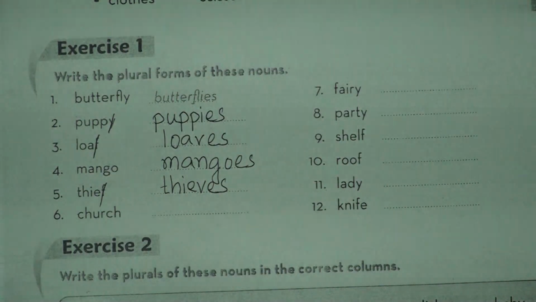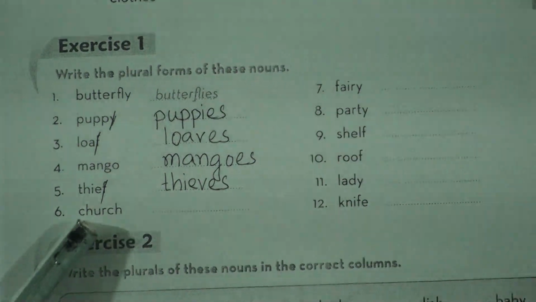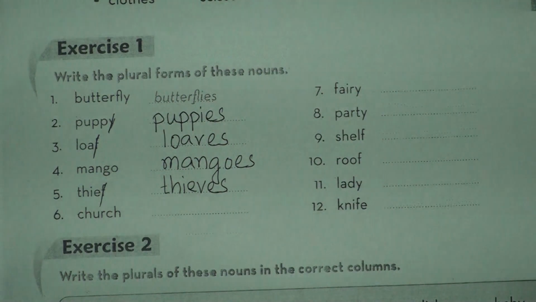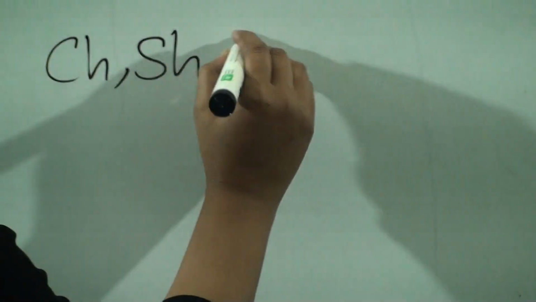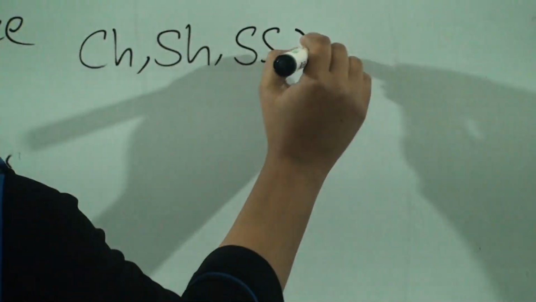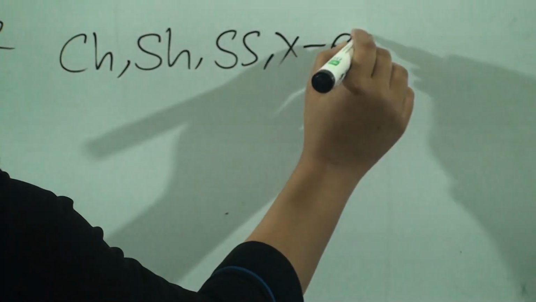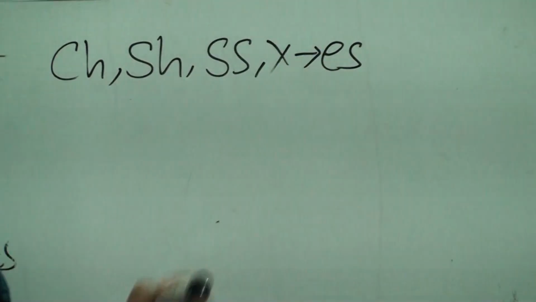Now number 6, church. C-H-U-R-C-H. I have told you, now look, if the words end in CH or SH or double S or X, you will add ES to make them plural.